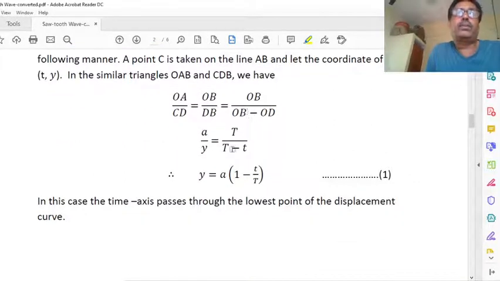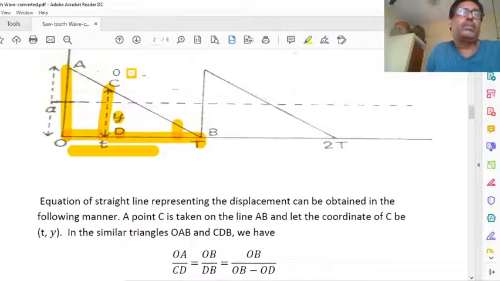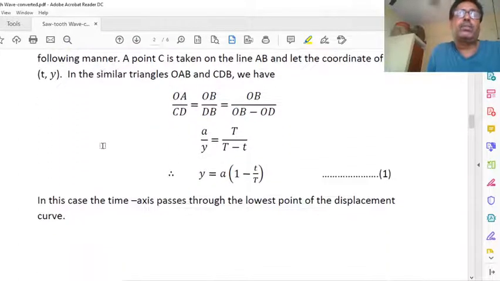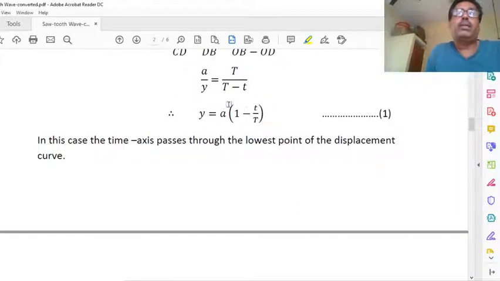Now OB is equal to capital T and OD is equal to small t, because we selected point C at any instant t. OA is equal to A, CD is equal to Y, so A by Y is equal to capital T by capital T minus small t, and after cross multiplication, Y is equal to A times 1 minus t by T.